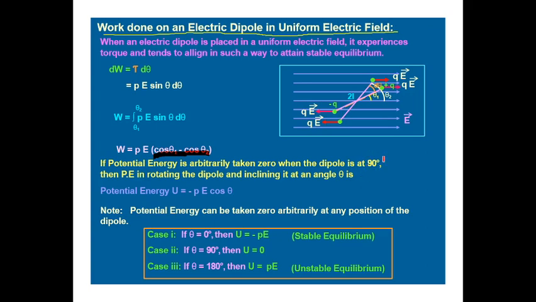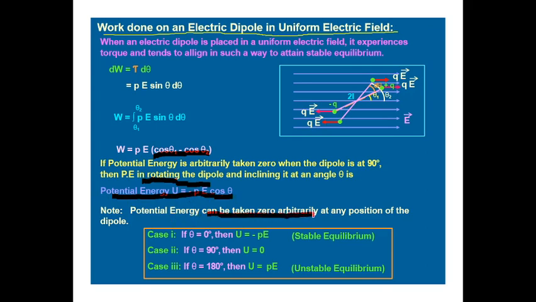It is taken as 0 when theta equals 90 degrees. Then, rotating the dipole and inclining it at angle theta, the potential energy U equals minus PE cos theta.